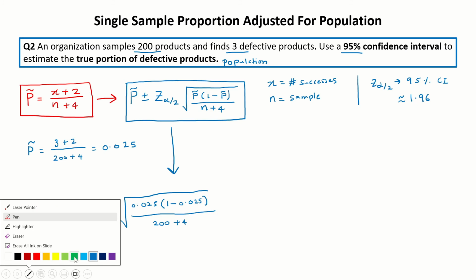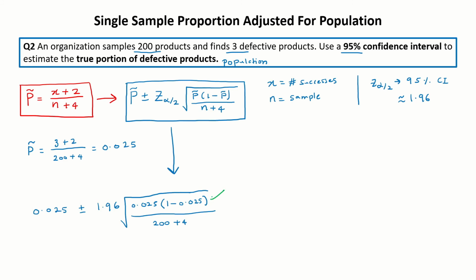So if you guys haven't noticed it, this part, 1 minus 0.025, is actually q, which is the proportion of products which are not defective. So it's sort of like the same equation, except now you adjusted it for the entire population. And doing this, you would get again a lower bound and upper bound for the confidence interval.